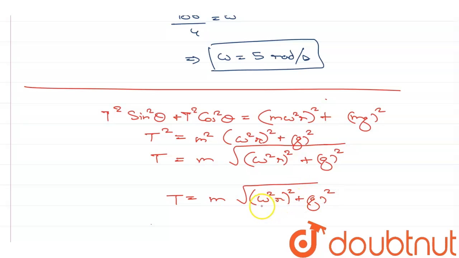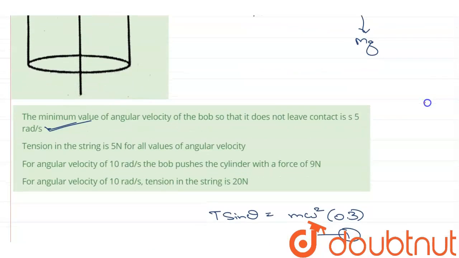Now as I can see, g is a constant, m is a constant, but omega and R can be varied inside this cylinder. That means the tension is not a constant. Therefore, option B, that says that the tension in the string is 5 Newton for all values of angular velocity, is incorrect.